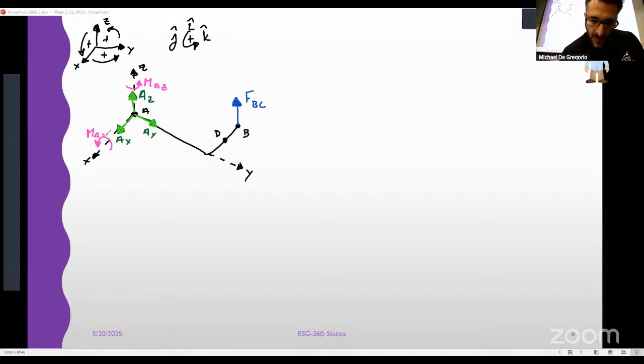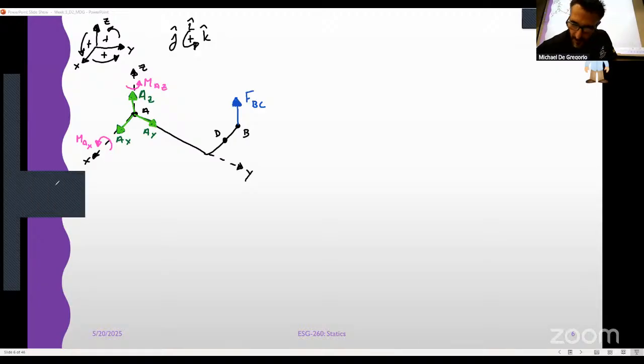That's MA in the x direction. It's also positive if you look at the YZ plane, right? Positive is this way, which is why I drew that up in the corner, because I want to keep my sense of positive there.